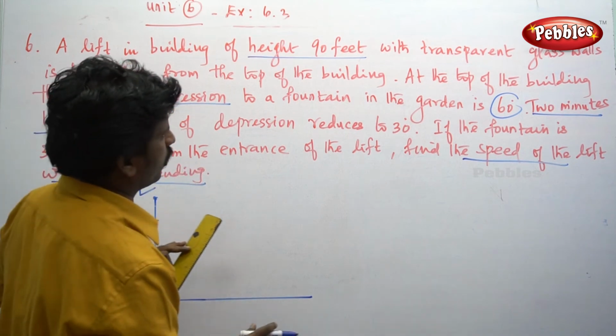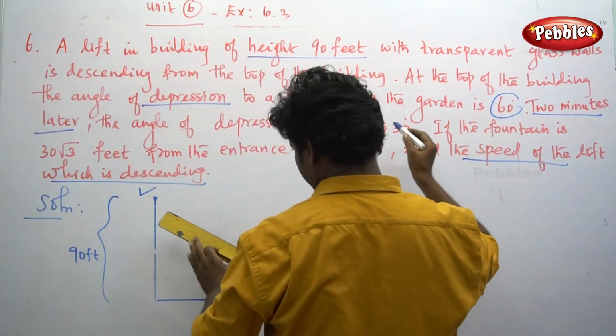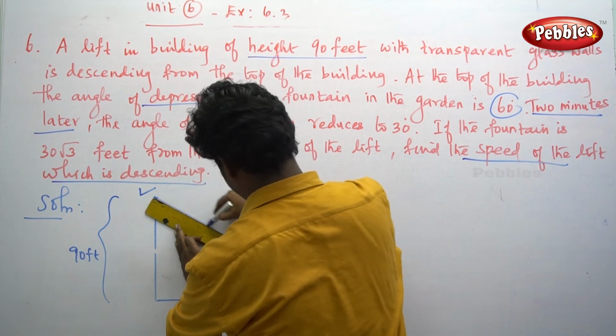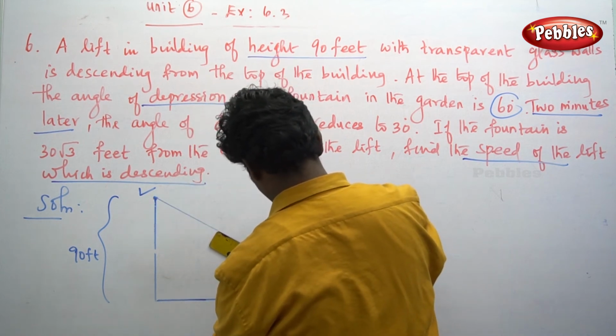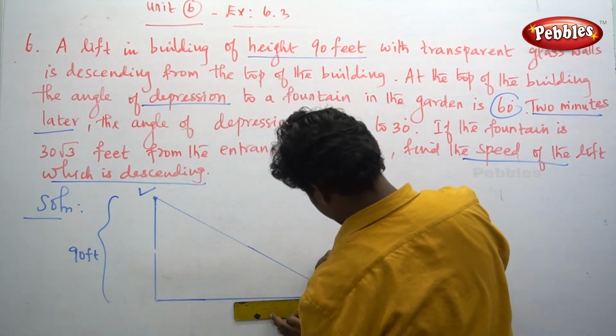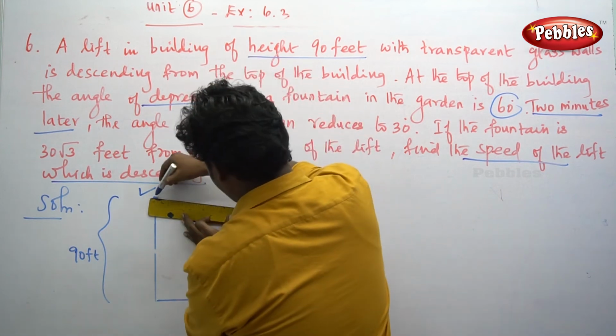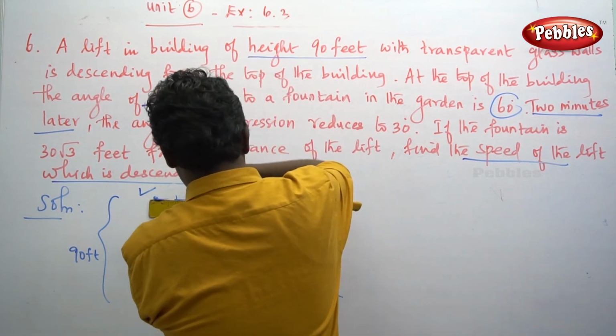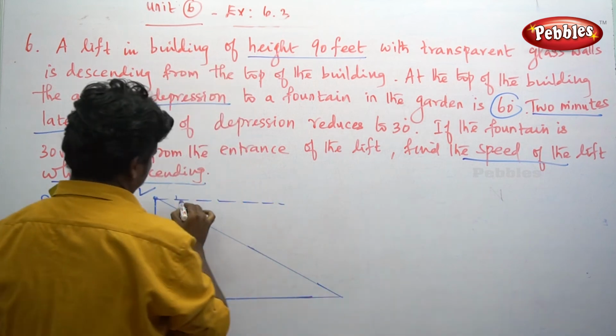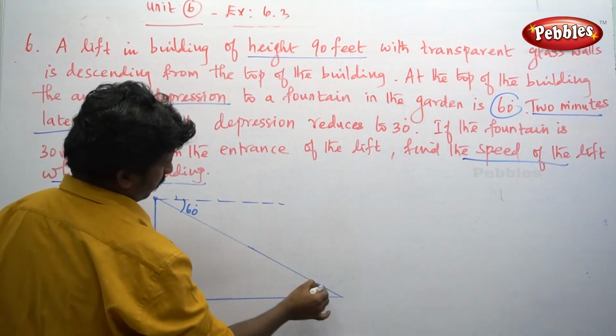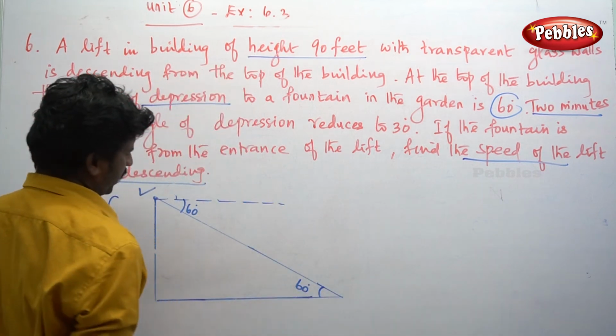So first என்ன கொடுத்திருக்கு? How many degree depression? 60 degree. So this is the line, right? 60 degree. So the alternate angle here, the 60 degree, right?